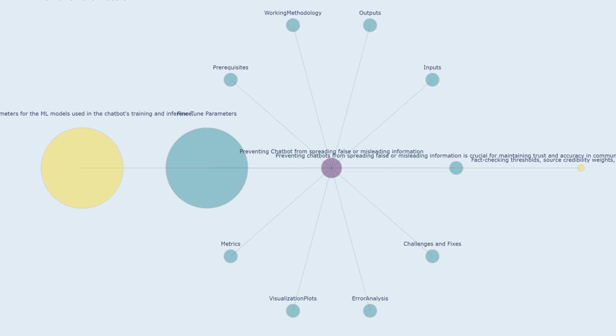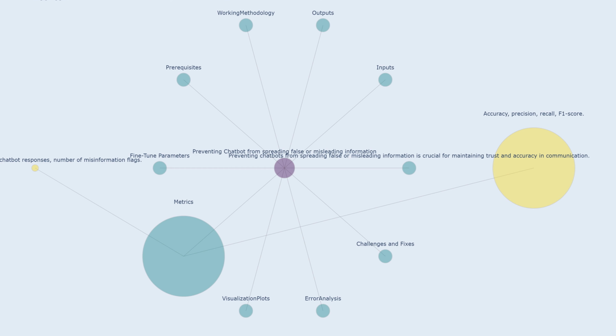Hyperparameters for the machine learning (ML) models used in the chatbot's training and inference phase play a critical role in determining the model's accuracy and effectiveness in identifying misinformation. These parameters need to be carefully tuned to optimize performance.